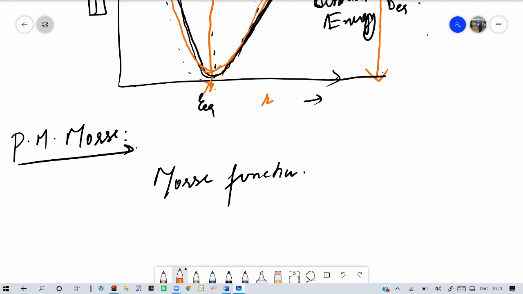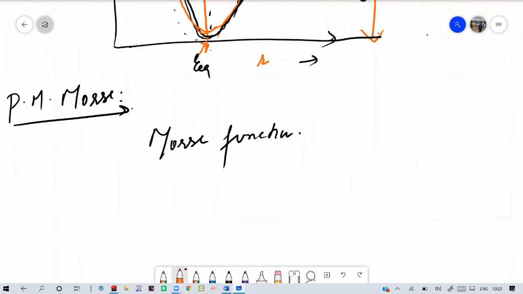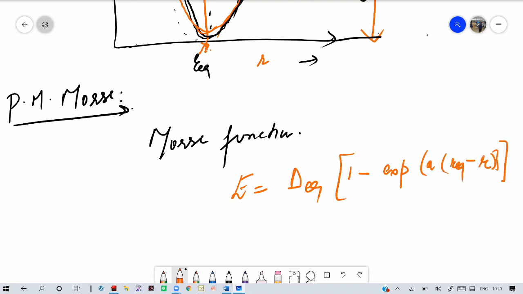And what the Morse function actually is: E is equal to D equilibrium, that is the dissociation energy constant, times 1 minus exponential of a times r equilibrium minus r, whole square.